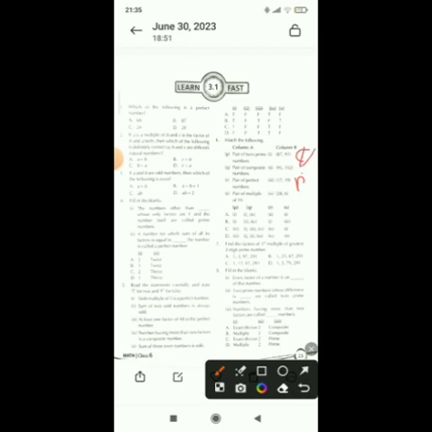Okay, now pair of perfect numbers. I already told you 28 and 6 are perfect numbers, so number 4 matches with R. And number 2 is the remaining, so it will obviously match with S. So let's see, QSPR.